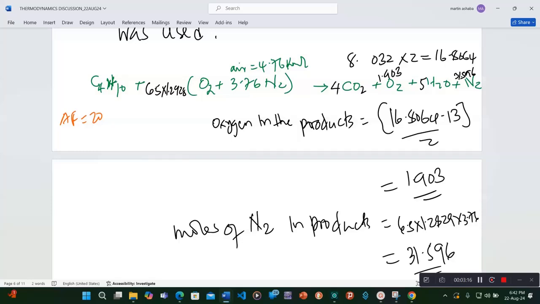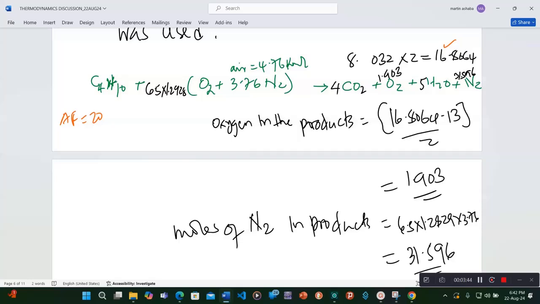What we shall do is to get the total oxygen here, and the total oxygen we have seen is 6.5 times 1.2928, which gives you 8.032. Then we multiply by these 2, we shall get 16.8064. So when we get that one, we need to now subtract this side. We are going to subtract the oxygen, which is 13.